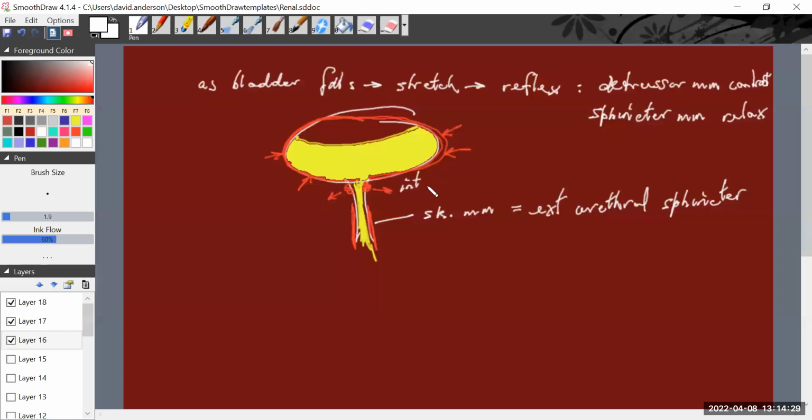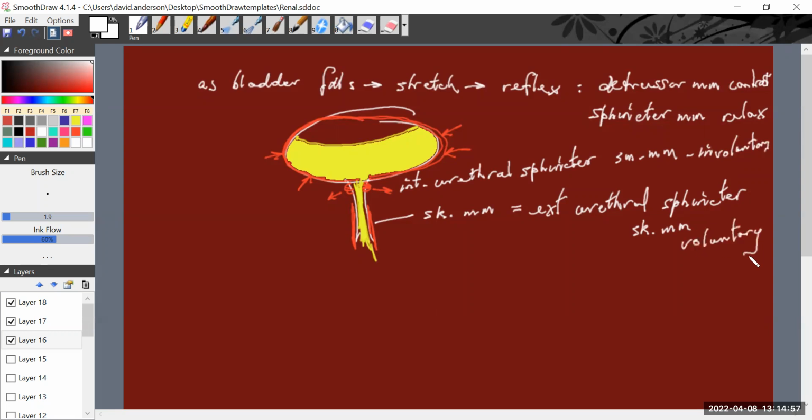This is the internal urethral sphincter. So this one is smooth muscle, and this one is skeletal muscle. Involuntary, voluntary.